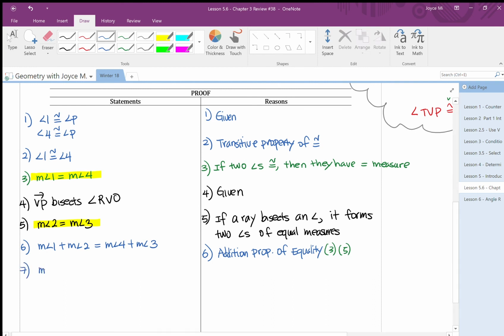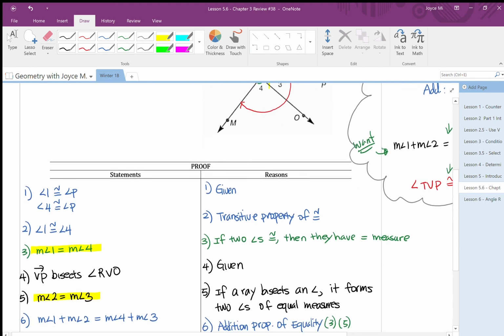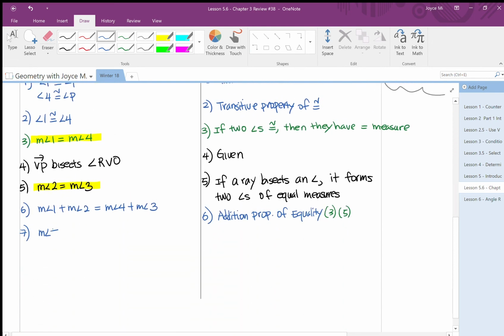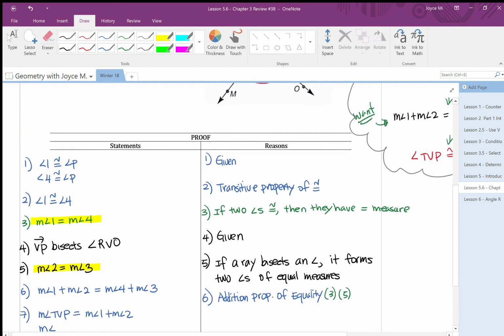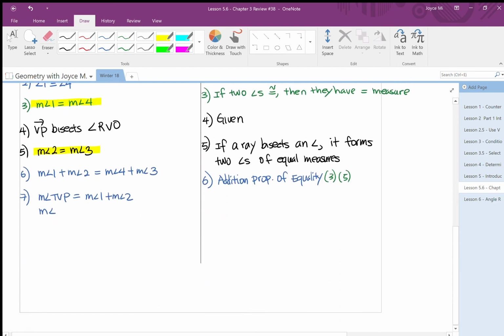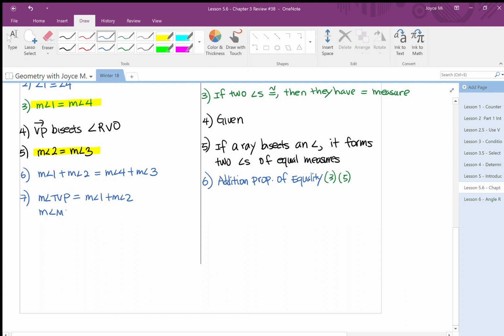So measurement angle, again, look at the angle when you write it, is angle TVP. So TVP is equal to measurement angle 1 plus measurement angle 2. Measurement angle TVP, on the right hand side I have MVP. So MVP is equal to measurement angle 4 plus measurement angle 3.